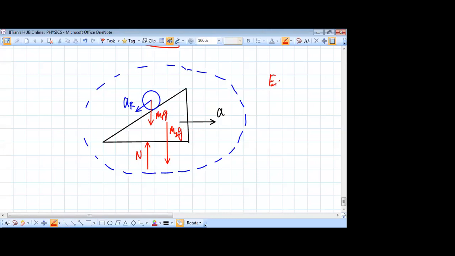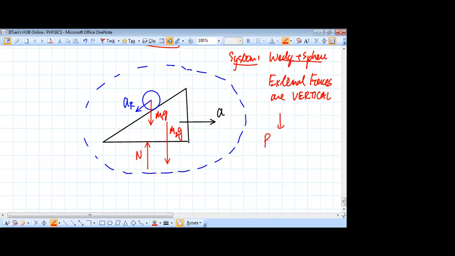So external forces are vertical for the system, which we consider as the wedge plus sphere. So we can say that horizontal momentum is equal to 0 and it is conserved.